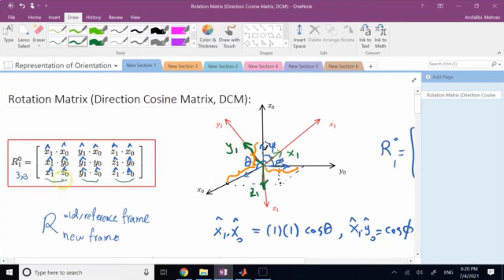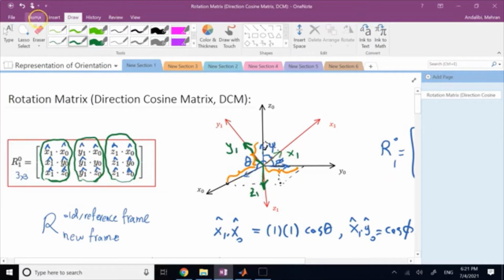So again, if I want to summarize it, each column of that is the projection of one of the new unit vectors along what? All of the old unit vectors. So that is all for x1, this is all for y1, and this is all for what? z1. Okay, so by these 9 cosine values, I'm going to determine the orientation of the unit vectors of frame 1 with respect to frame 0, and this way I can completely describe the orientation of frame 1 with respect to frame 0.